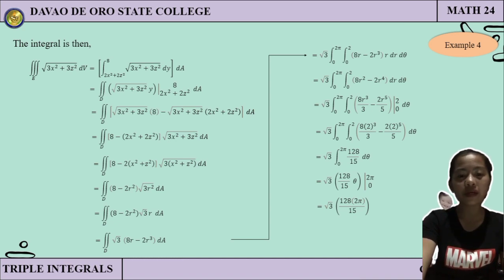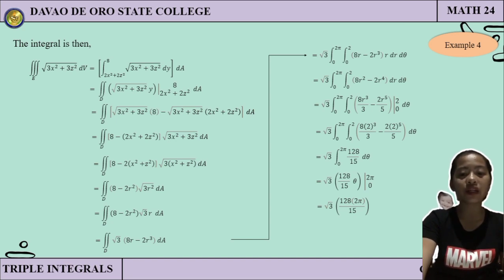Then, simplifying by substituting all y variables with the lower bound and upper bound, we will have the double integral of square root of 3x squared plus 3z squared times 8 minus square root of 3x squared plus 3z squared times 2x squared plus 2z squared, dA. Then by simplifying, we have the double integral of 8 minus the quantity 2x squared plus 2z squared, times square root of 3x squared plus 3z squared, dA.